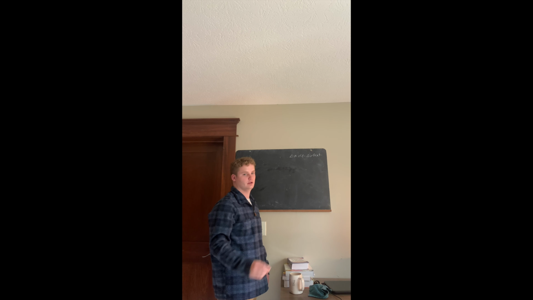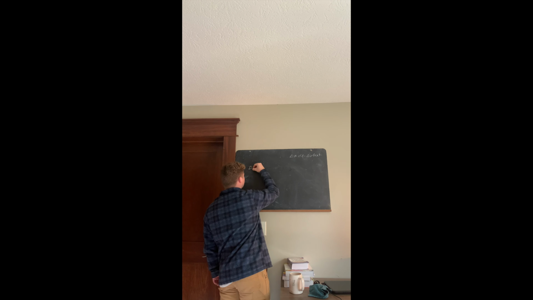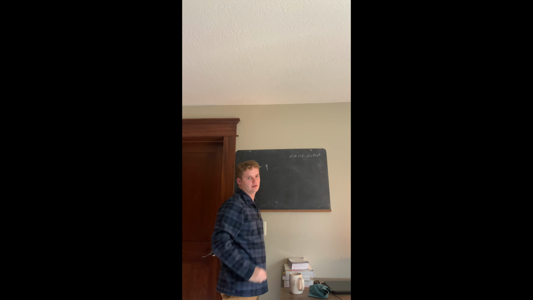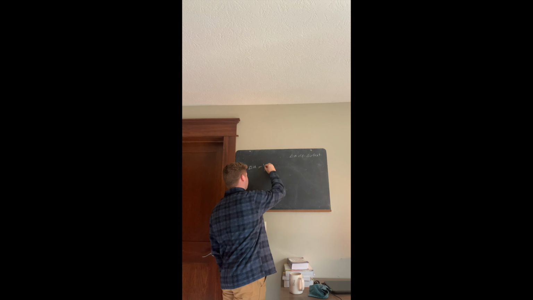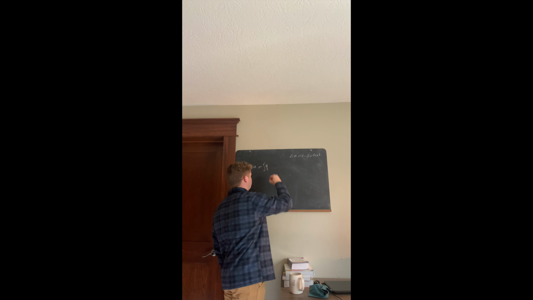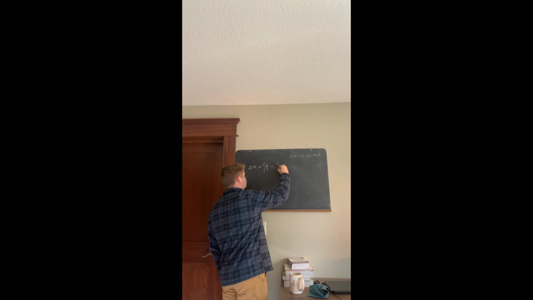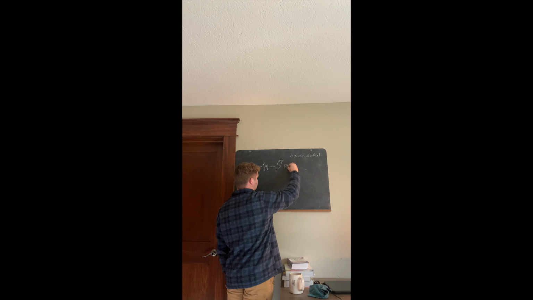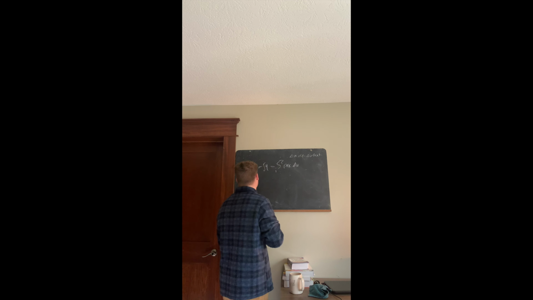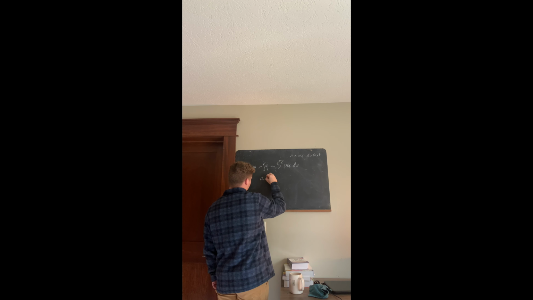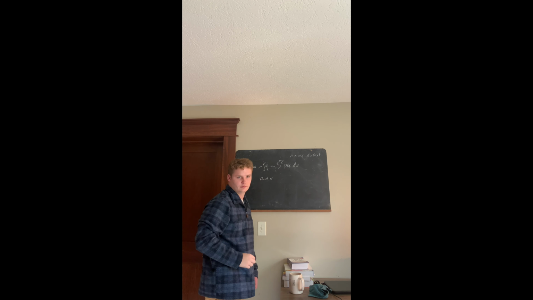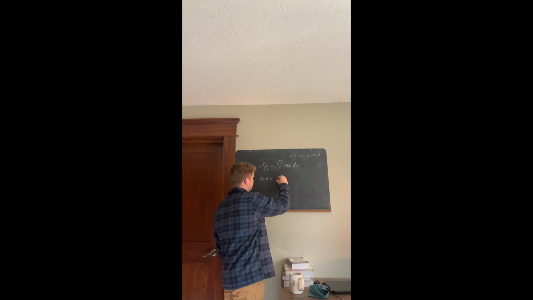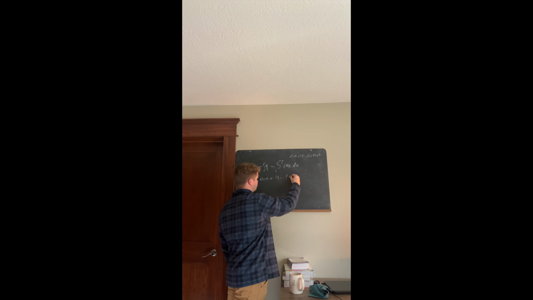So this is the change in U again, equal to the sum of the added heat in the system, minus the integral from 1 to 2 of the external pressure dV. And so I'm going to integrate this. It's going to be change in U equal to Q minus the external pressure times V2 minus V1.